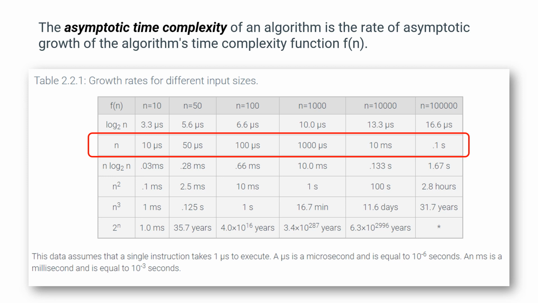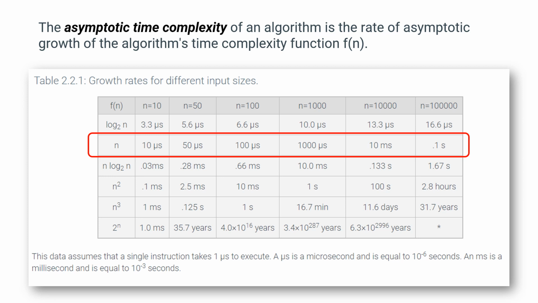Okay, so anyway, in this chart they've shown some different functions that might represent time complexity functions for different algorithms. And they've shown how the amount of time would increase based upon the number n. This is all assuming that one single instruction takes 1 microsecond to be performed on a computer.